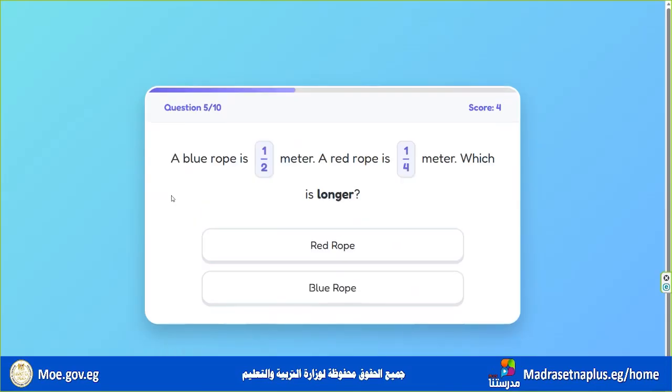A blue rope is half a meter. A red rope is a quarter meter. Which is longer, the blue or the red? Yes, the blue is bigger. Why? Because half is bigger than a quarter. The blue, yes.